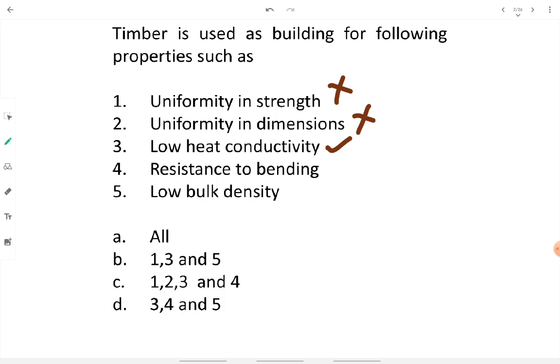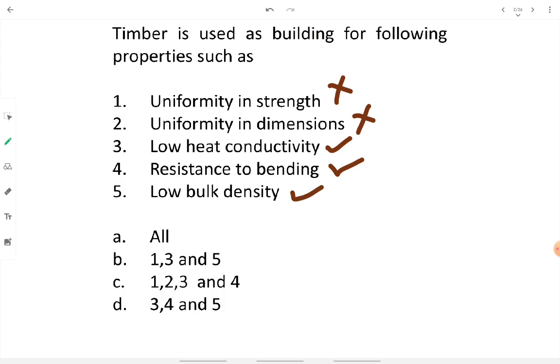Where winter seasons are dominant, where temperature fall is dominant, the timber or wooden floor is used. Then it possesses good resistance to bending. Yes, it does have the resistance to bending. Then bulk density of timber is low, which is a desirable engineering property.